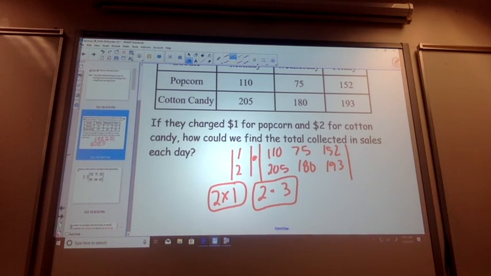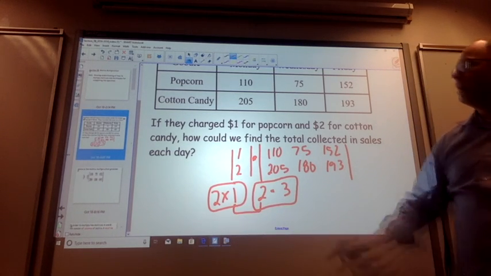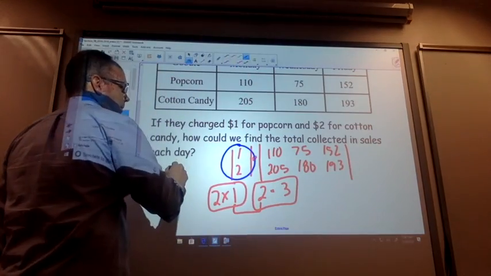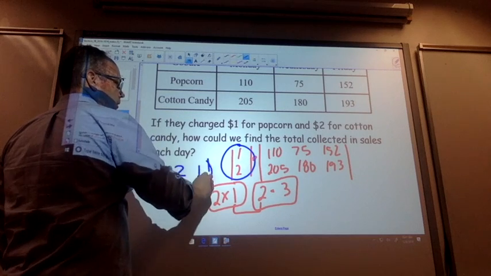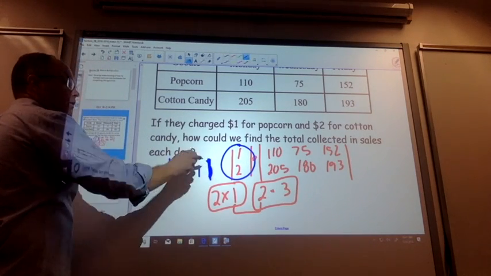Okay, so I might have had this set up incorrectly. Can I multiply a 2 by 1 with a 2 by 3? No, why not? The inside dimensions have to match. So I'm going to flip-flop this one. Maybe it should be a 1 by 2.